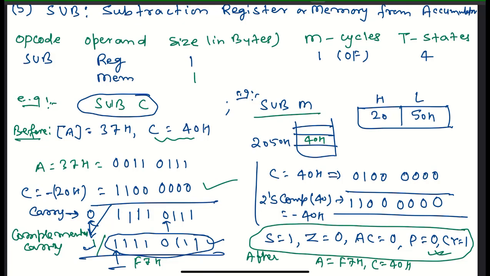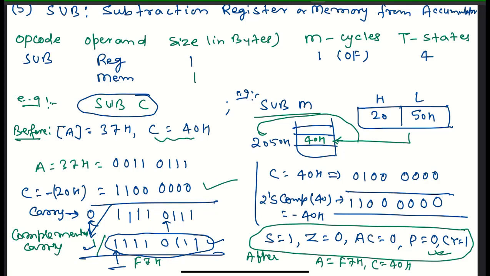Only the machine cycle will differ here, because the first one by default is opcode fetch, and the second time it has to read the operand, which is pointed to by the HL register pair with the value 2050H. So SUB M means subtract the content of memory pointed to by the HL register pair.